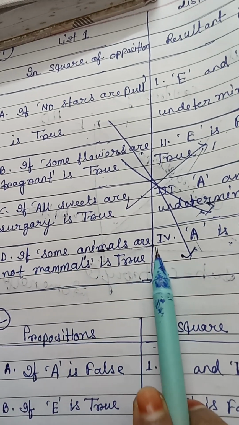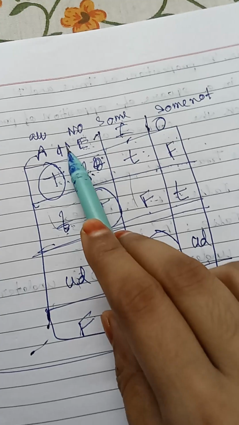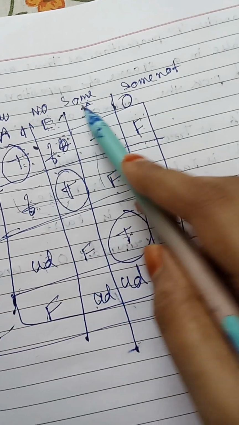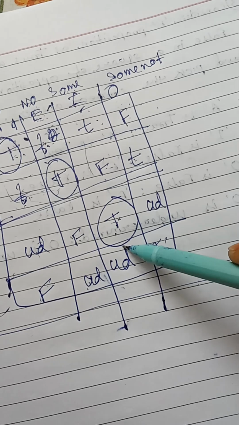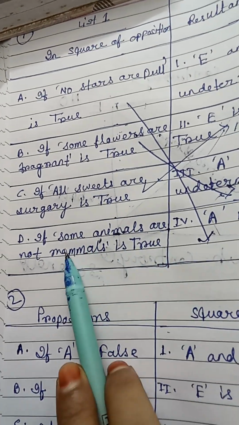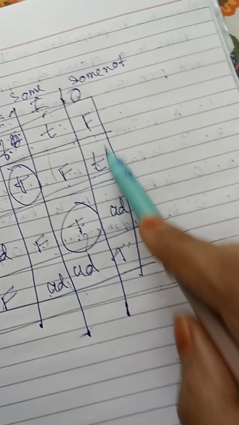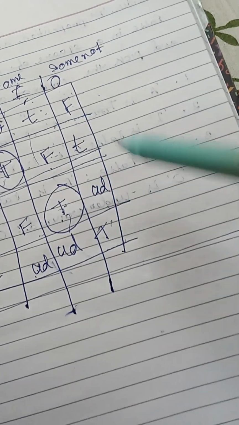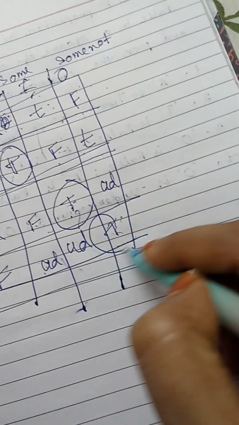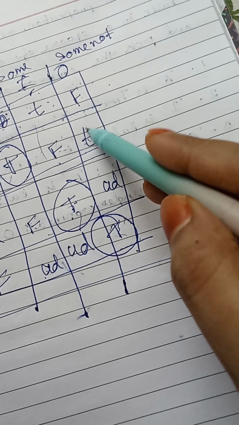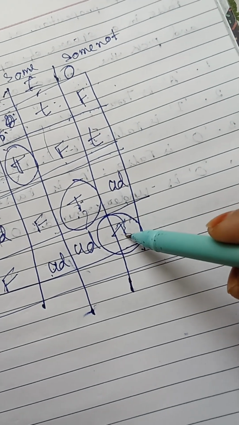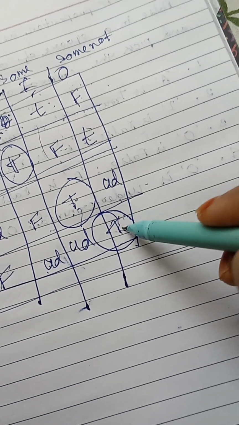If some animals are not, so what is some? Yes, some. Some animals, what? Some true. No, it is "some not", so that is O, true. As I have already said, small letter or capital letter, we will always take the capital letter.